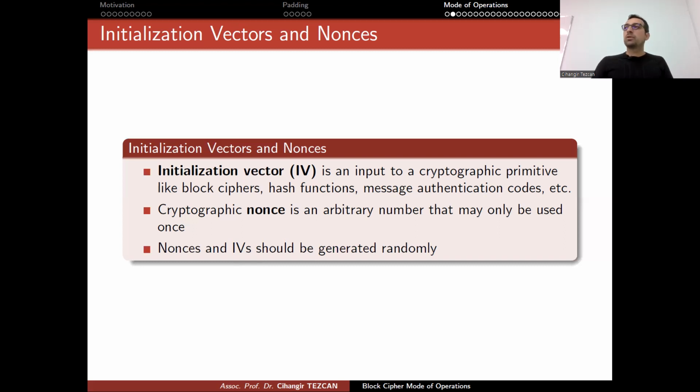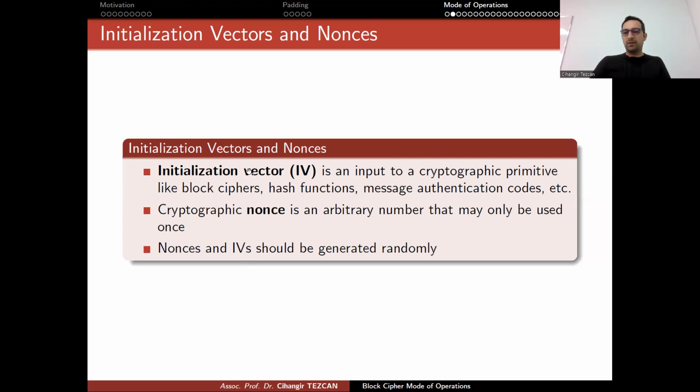But in some protocols or scenarios, using the same IV might cause a problem, and we call it IV reuse. For instance, a few months ago, there was an attack on Samsung mobile phones, where using the same IV caused problems which allowed attackers to capture the secret keys. So I cannot generalize IVs and nonces, but just think of an IV as something that is used when you are starting a cryptographic primitive.